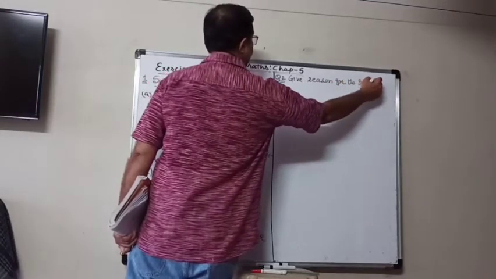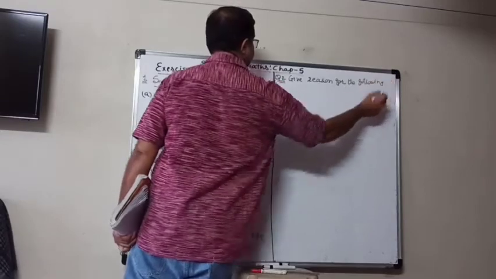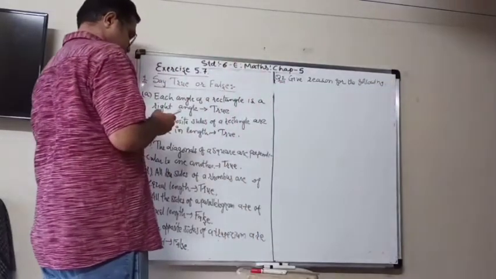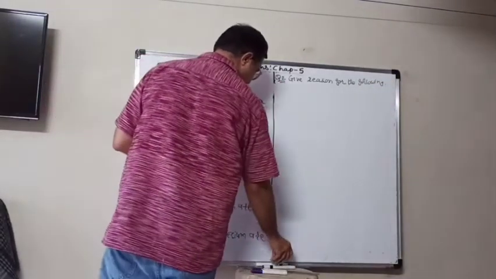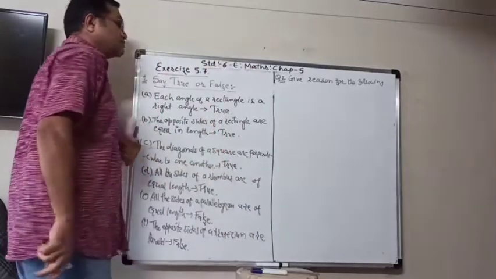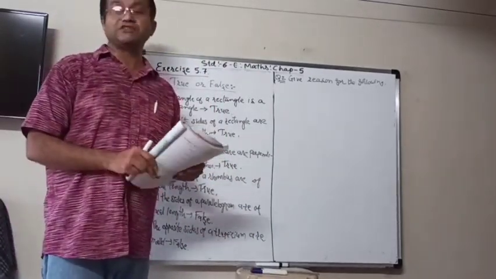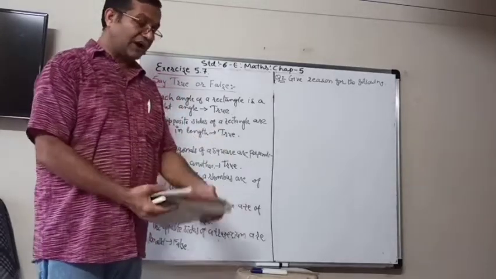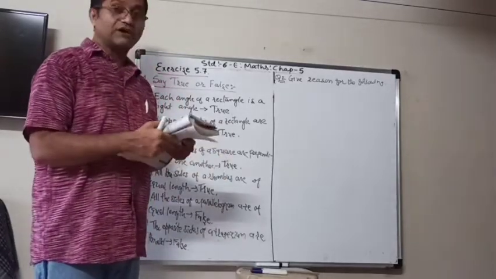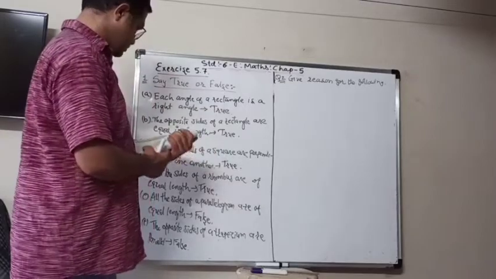The special type of statements are given in which the different types of quadrilaterals are related with each other. Then why it is so, we have to tell about it.